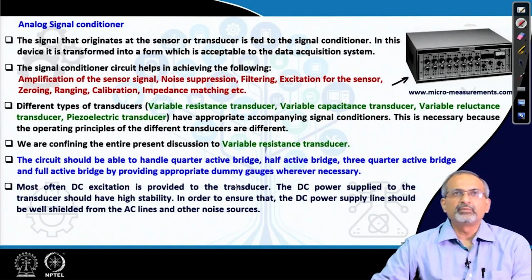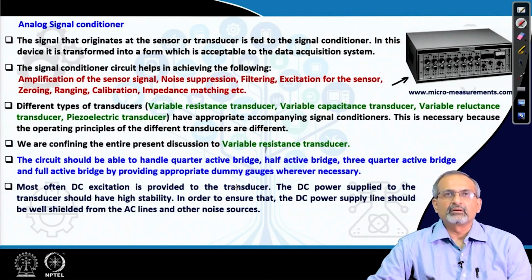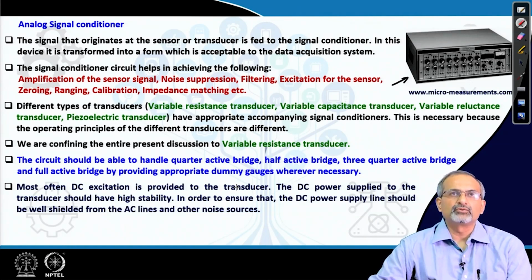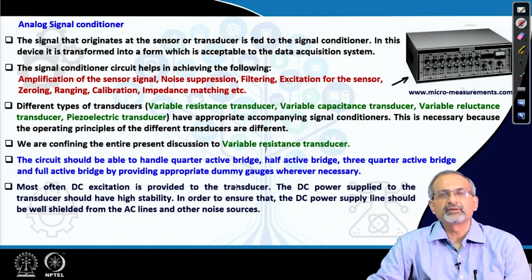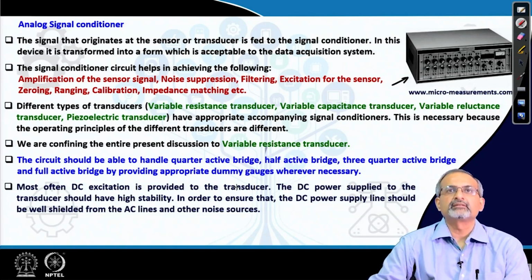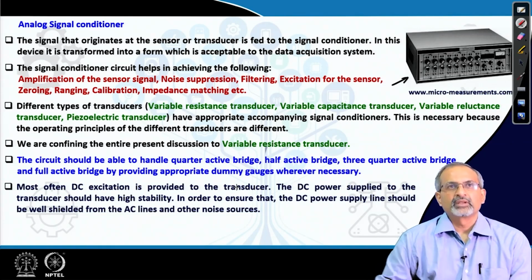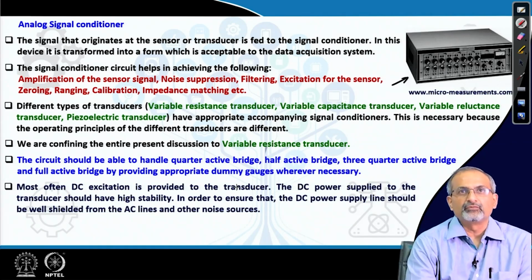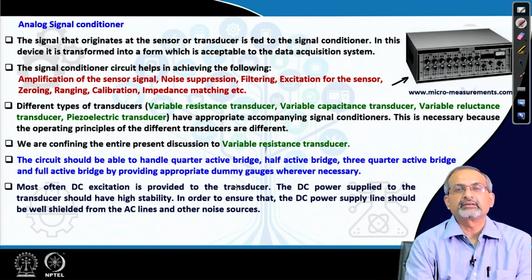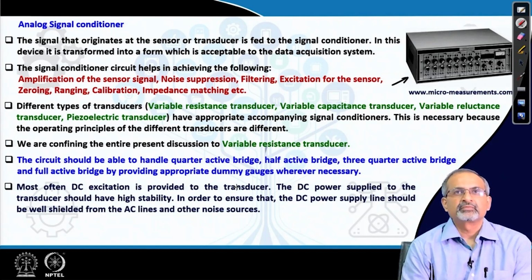Depending on how many channels of information you have to process, you choose the number of channels at the signal conditioner end. So, you may be making simultaneous measurements from several channels, and then you need to have a supporting number of channels at the signal conditioner. So, in this device it is transformed into a form which is acceptable to the data acquisition system, which comes next.